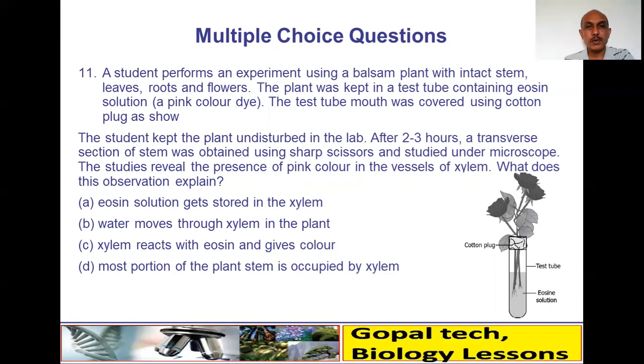The student kept the plant undisturbed in the lab. After 2-3 hours, a transverse section of the stem was taken using scissors and studied under the microscope. It revealed the presence of pink color in the vessels of xylem. So what does this observation explain? Write the answer, pause the video, then check it.